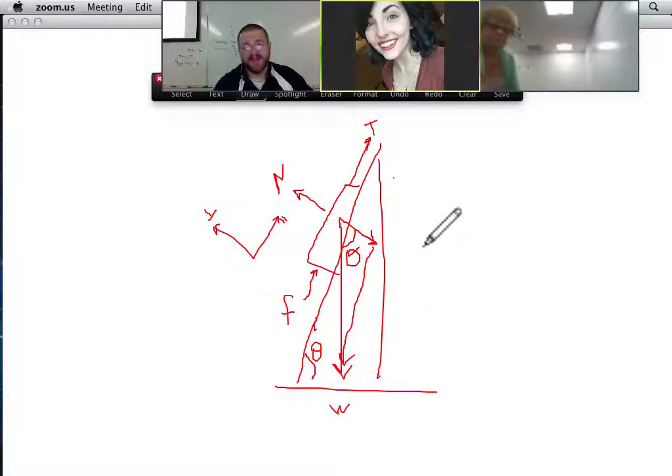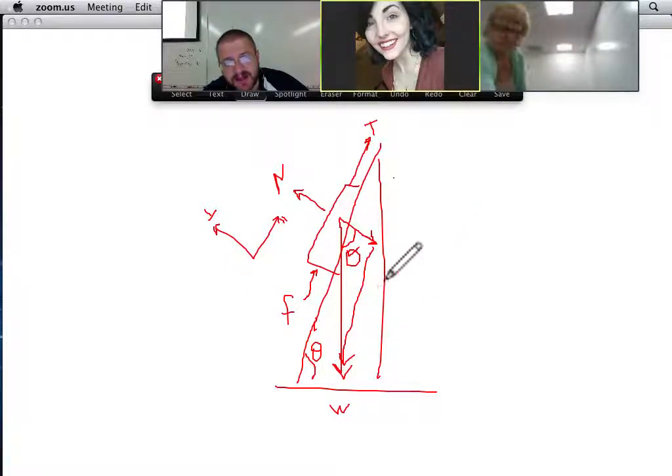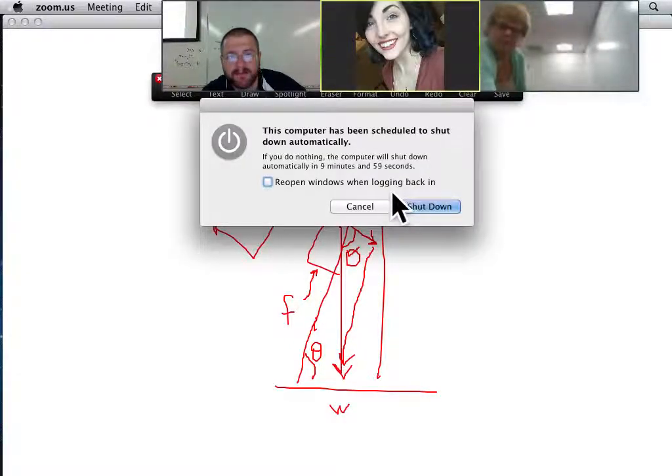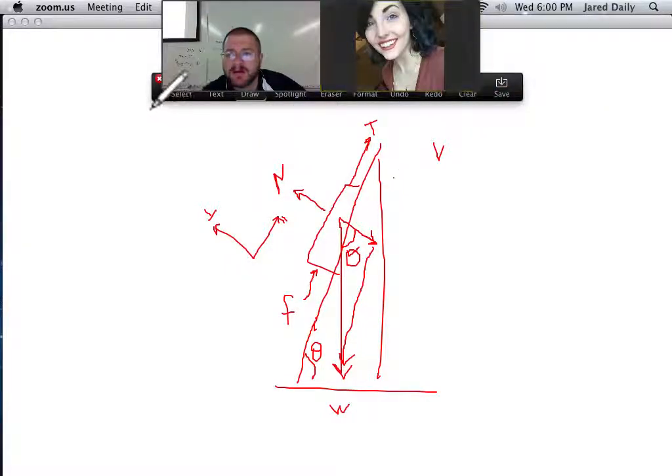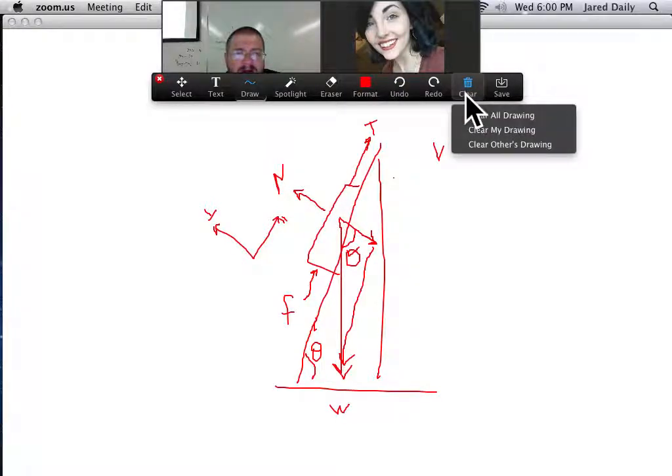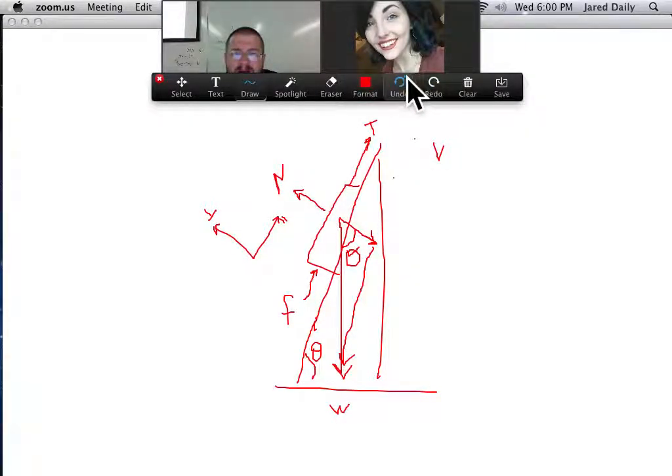Right. And then the equations that I'm going to set up. Well, you know the normal force is just going to cancel out. So we're just going to deal with the forces that are parallel, right?